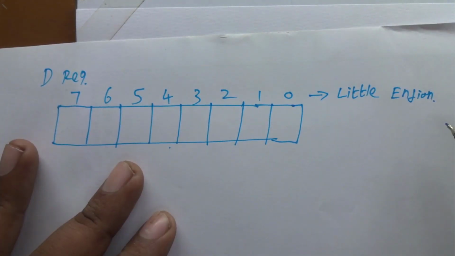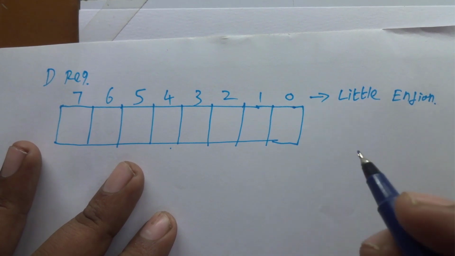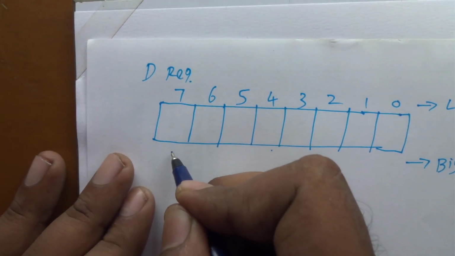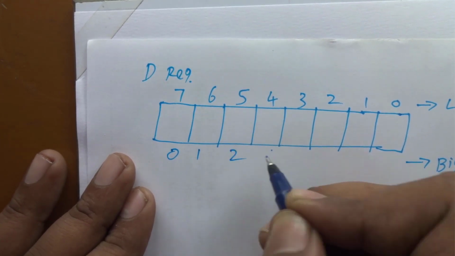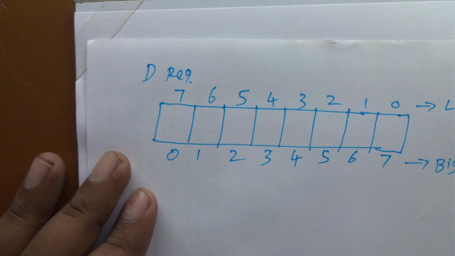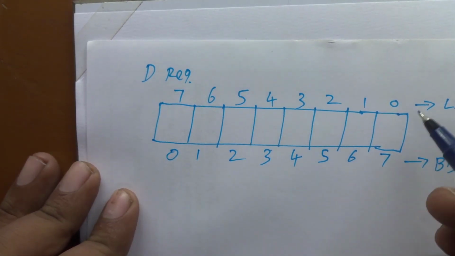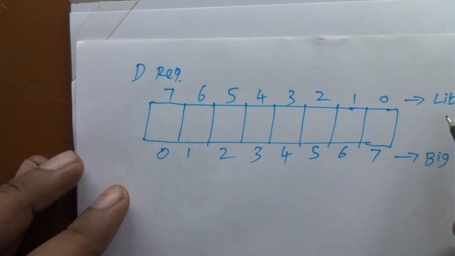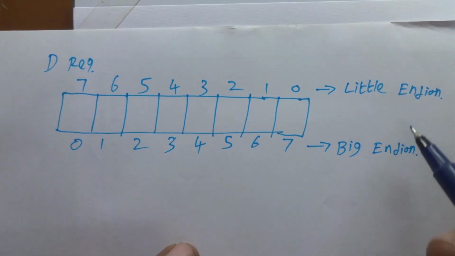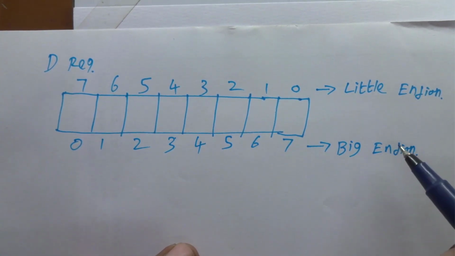This is a byte format which is popularly used by Intel architectures. And another architecture is Big Endian. In Big Endian architecture, you name the positions 0, 1, 2, 3, 4, 5, 6, 7. It's just bit positioning. While we are using the Little Endian format, there are no advantages or disadvantages between these two types of byte formats. Both are the same.